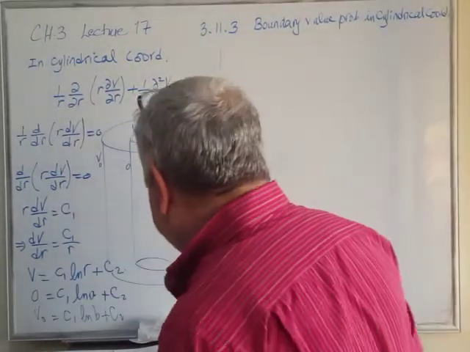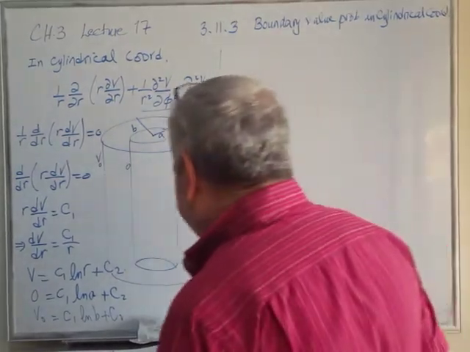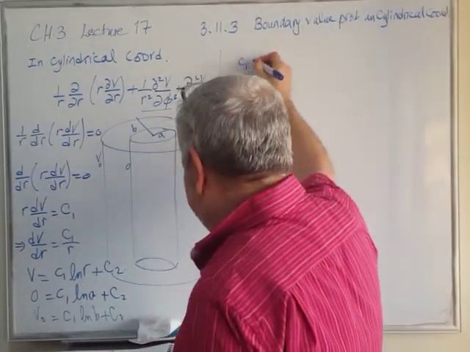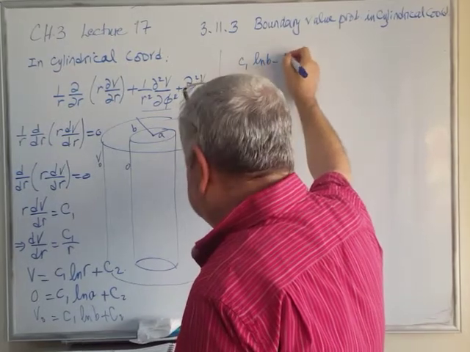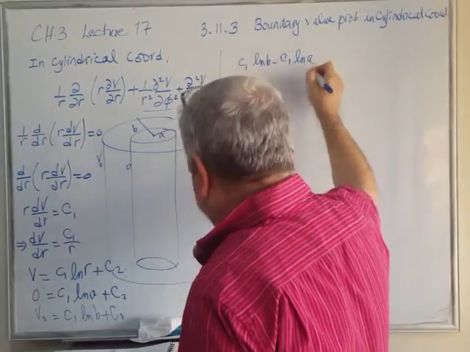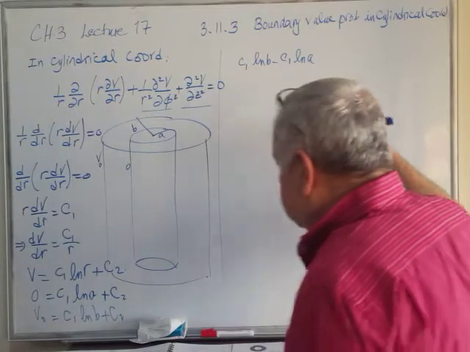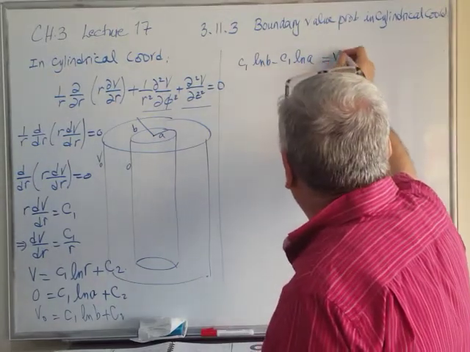You can subtract them, and for example, you will have C1 ln B minus C1 ln A, C2 minus C2 will be 0, equals V0.